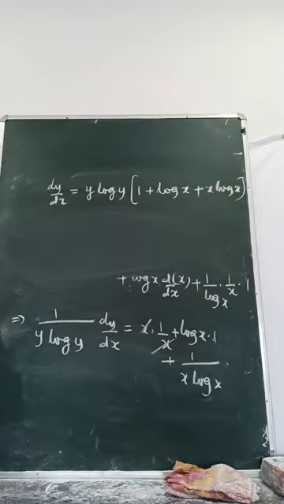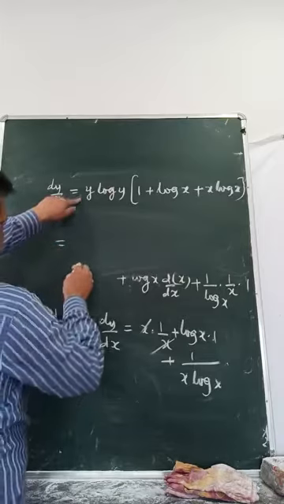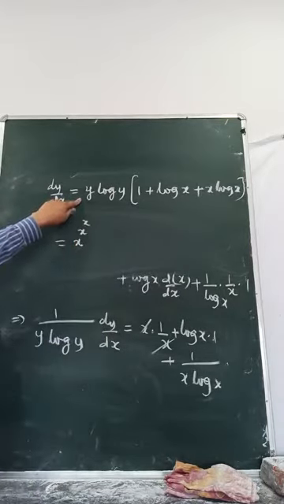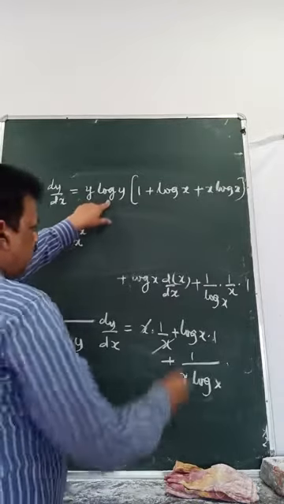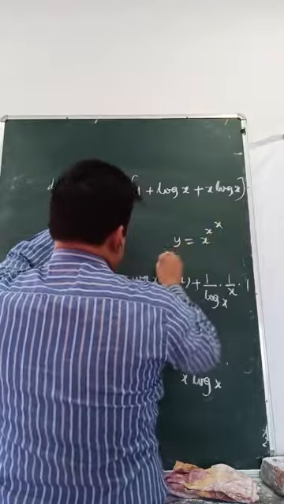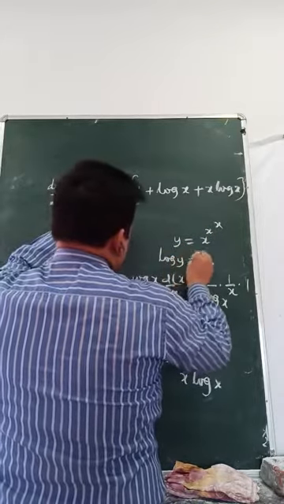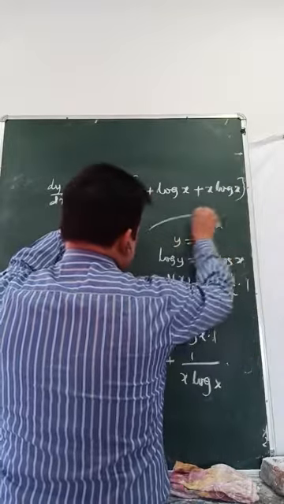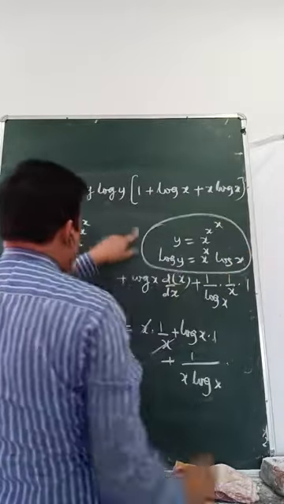Okay. Now what was y? x to the power x to the power x. Then what was log y? Check it. If y was x to the power x to the power x, log y was x to the power x log x. You can check this one from the beginning.